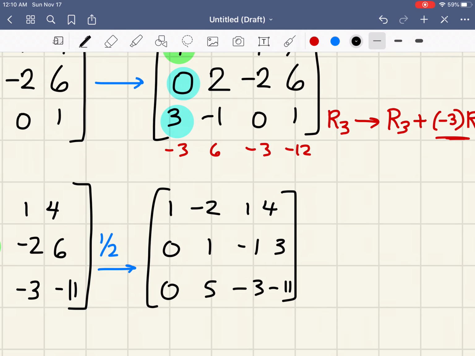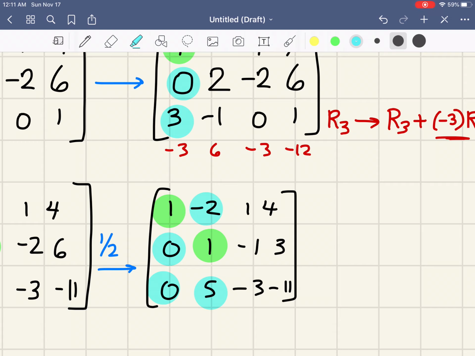And so what's nice is, I like to highlight it, leading 1, leading 1. Got my zeros here and here. Now I'm going to use my new leading 1 row, which is row 2, to zero out the entries above and below the new leading 1.